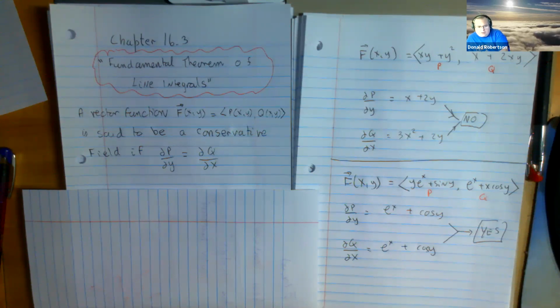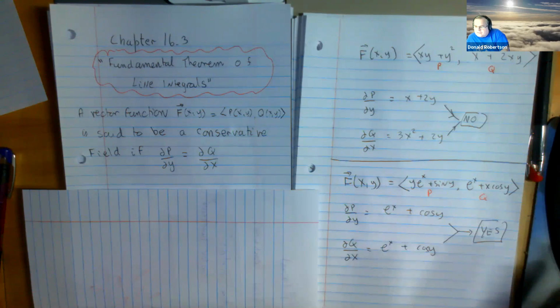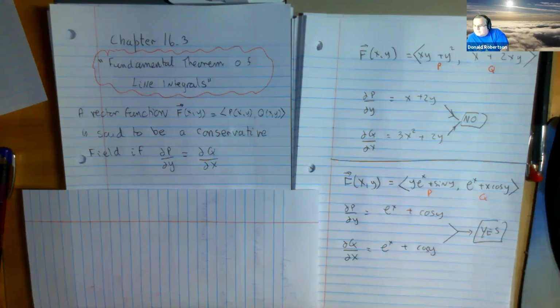I'm not quite sure why they use the word conservative. It might just be from the old meaning of conservative: something that's not too out there, kind of in the middle, kind of safe. It might come from that, but it also might come from things like conservation of energy or conservation of momentum.